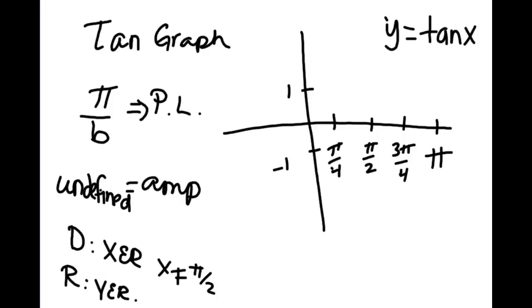And we're going to have an asymptote halfway through our period length. If we think about sine and cos on our unit circle, does anybody have their unit circle handy? Looking at the unit circle, at half pi your cos is 0 and your sine is 1.